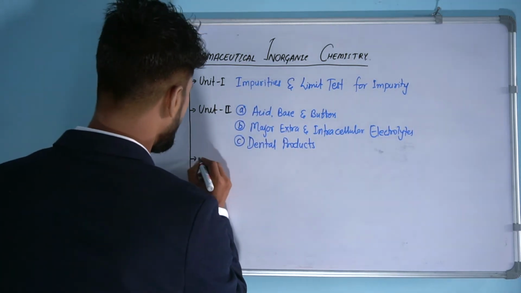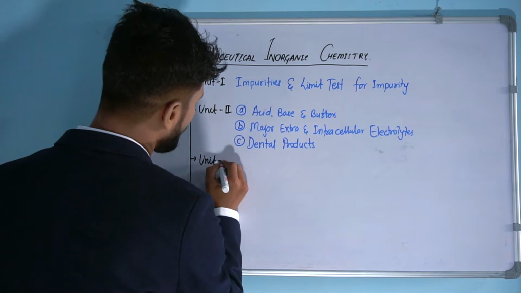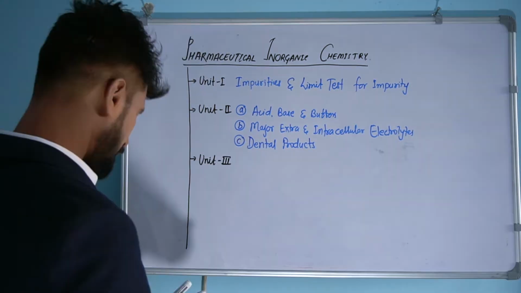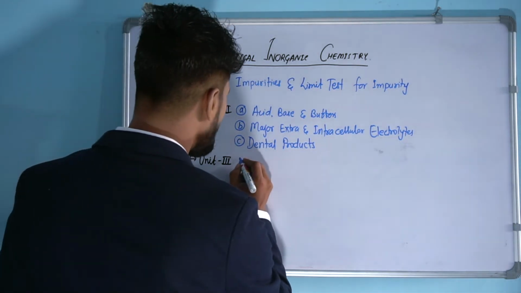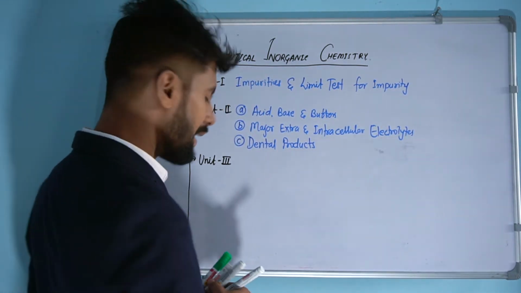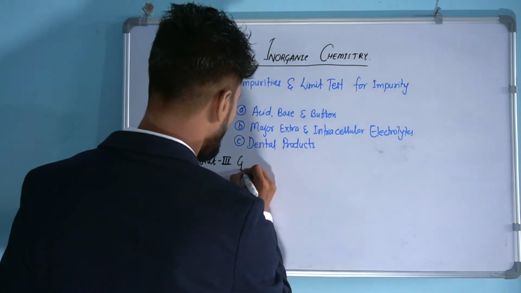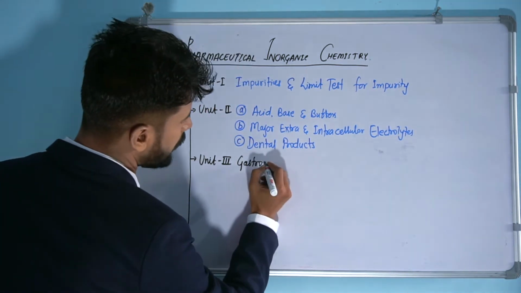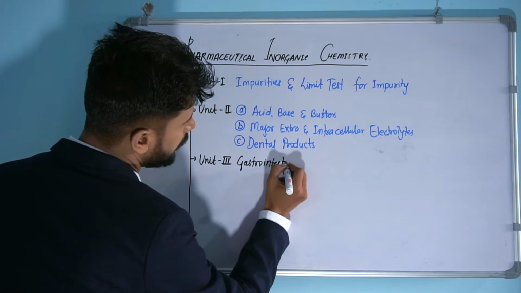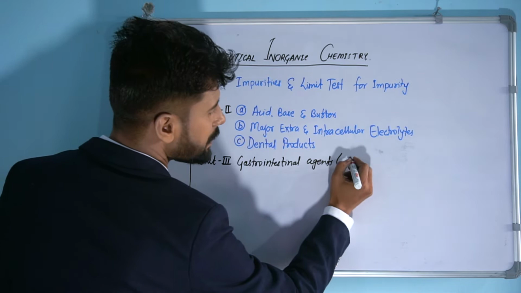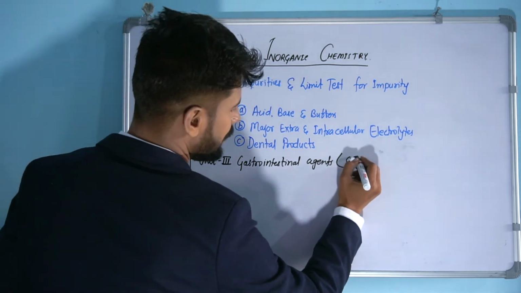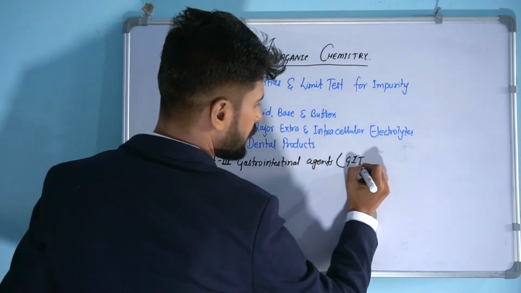Now coming to unit 3. Unit 3 is basically about gastrointestinal agents. Some people also call them GI agents.